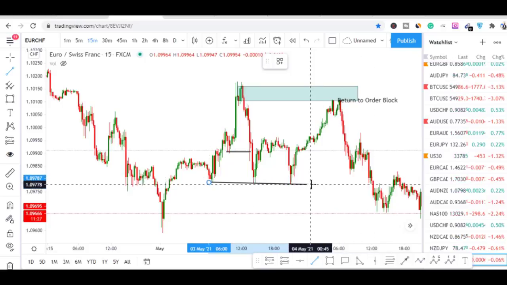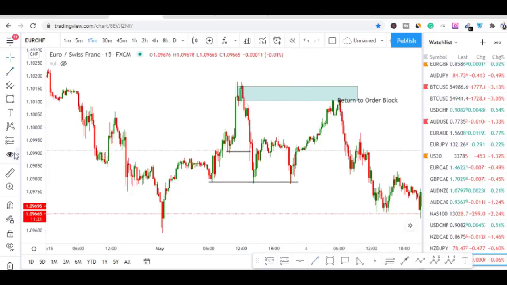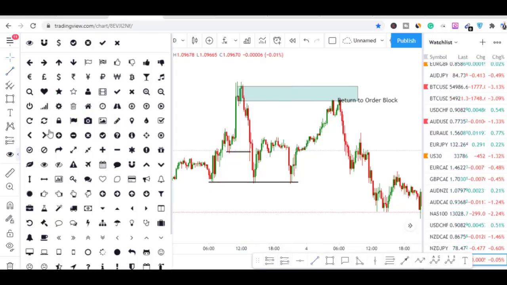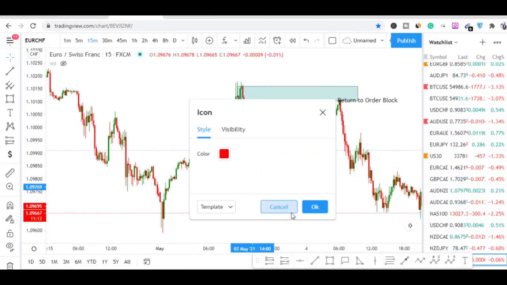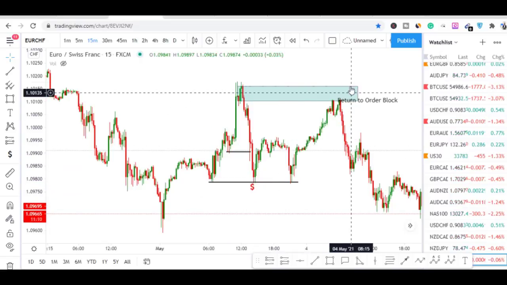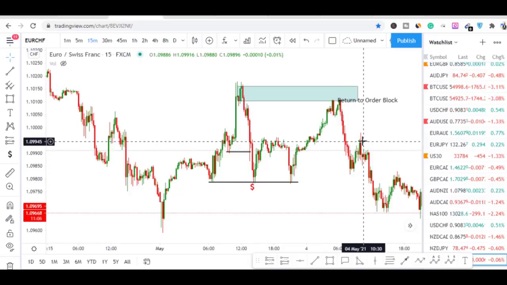Lots of money is lying at this level, so in the future, price will come and take everyone out. We can put the dollar sign right there because there's liquidity right there. You see how price rallied up and touched this order block, and boom, it began to fall down.